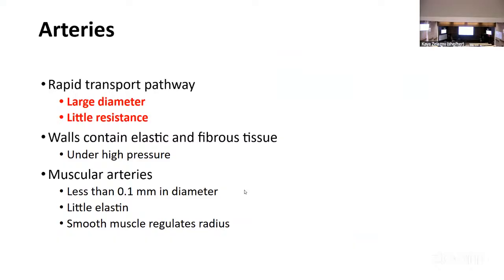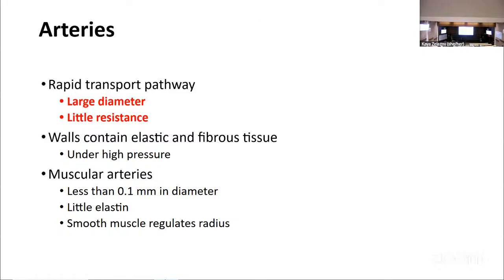So beginning with our arteries. Okay, so our arteries are for rapid transport away from the heart, and their physical properties match that function. So they're big and wide. They have that wide radius, which means we've got a wide diameter, right?